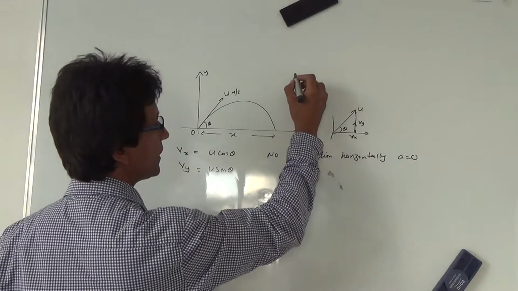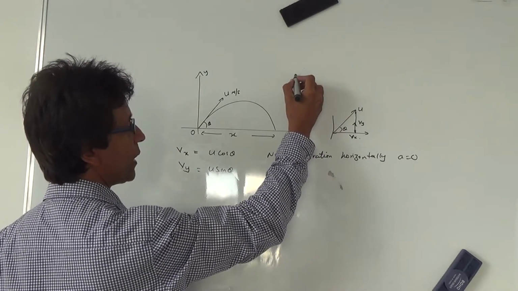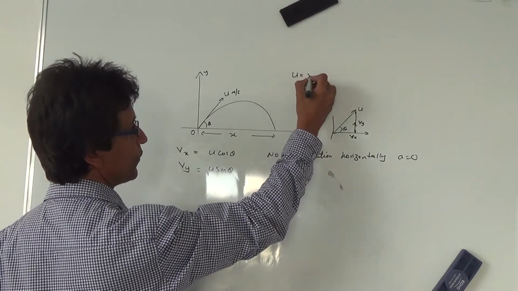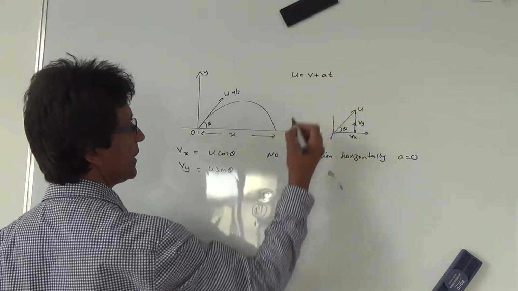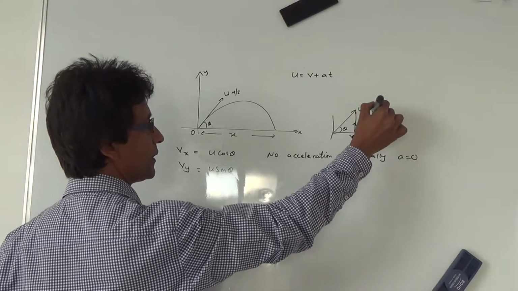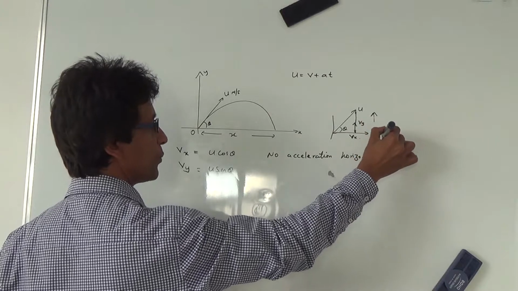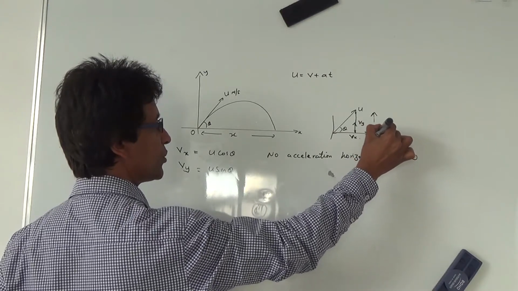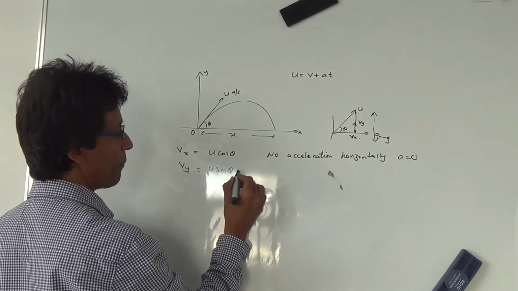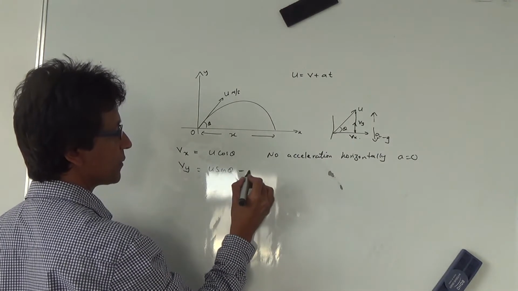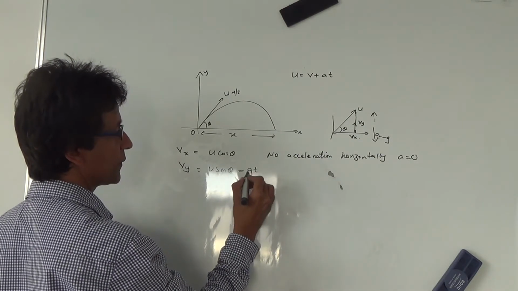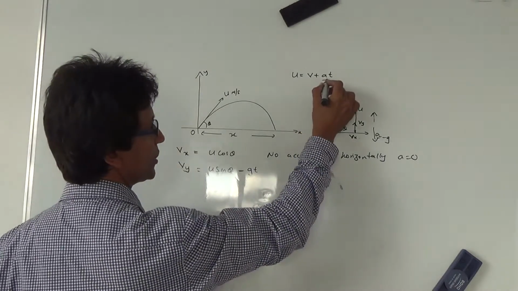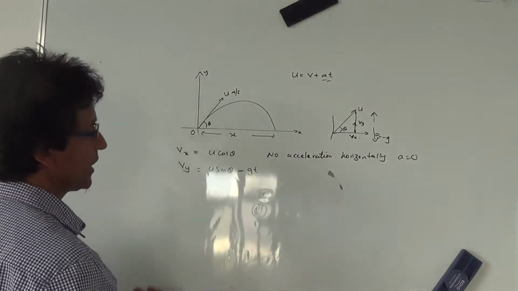And using the equation for velocity, v is equal to u plus at. Going upward, we've got the force of gravity pulling it down, so acceleration is negative g. So plus becomes minus gt. So this is what we've got.